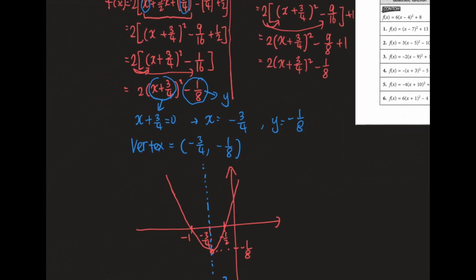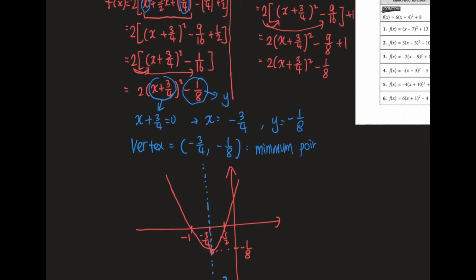To get h and k, let the bracket equal to 0, get the x. To get the y, just take everything at the back of the bracket with square. Just take everything at the back there, then that is the y. So this is the vertex, and this vertex is a minimum point. So we call this a minimum point.